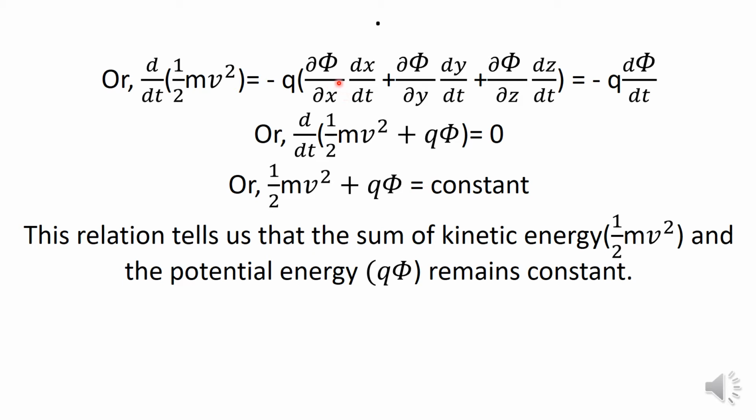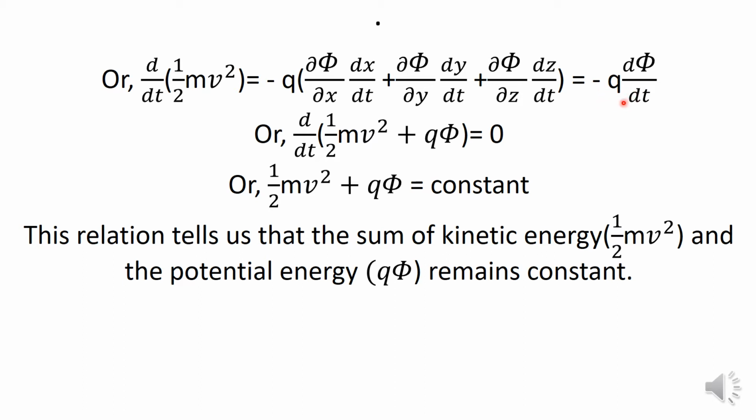As grad phi · v is the dot product of grad phi and the vector v, we find ∂phi/∂x dx/dt + ∂phi/∂y dy/dt + ∂phi/∂z dz/dt, and this term can be written as -q dphi/dt.